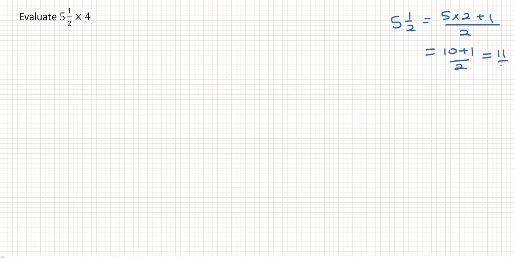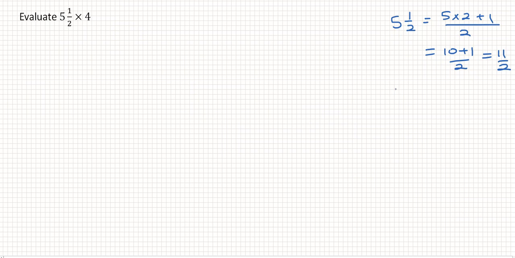The next question we have is evaluate 5 1/2 multiplied by 4. So our first step is, let's go ahead and convert 5 1/2 to an improper fraction. So we have 5 multiplied by 2 plus 1 over 2, which is 10 plus 1 over 2, and it's going to give us 11/2.